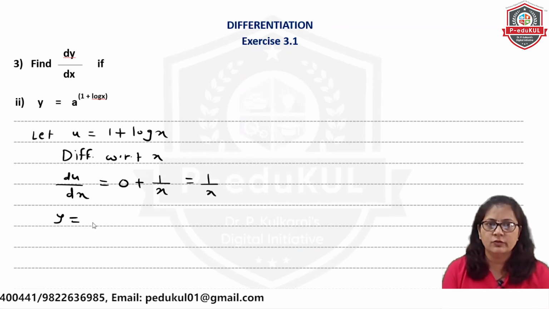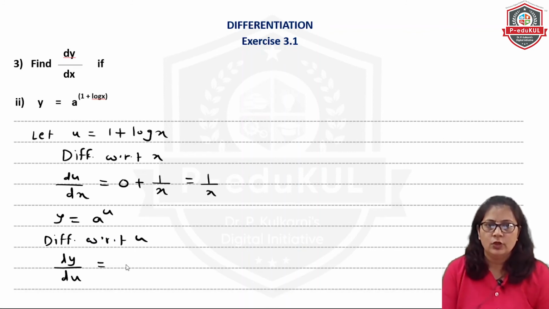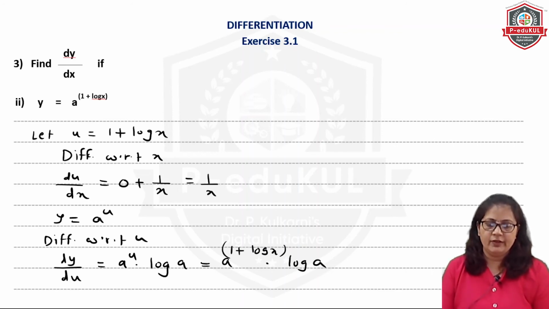Now my function will change as a raised to u. Okay, and again I have to differentiate with respect to u now because my function is in u. So dy by du will be a raised to u log a, and I'll put here value of u as 1 plus log x into log of a. So this is my dy by du.